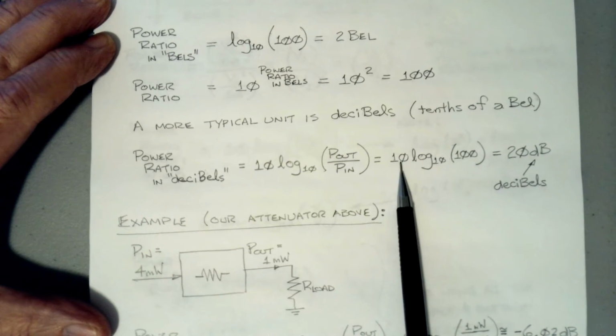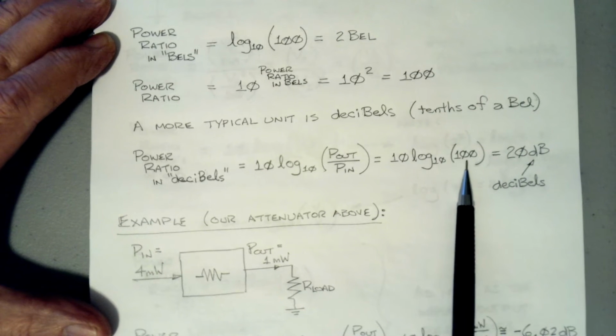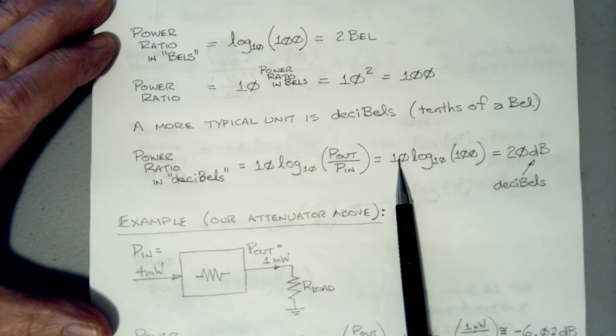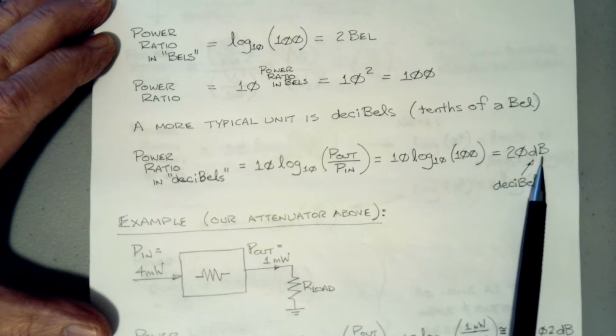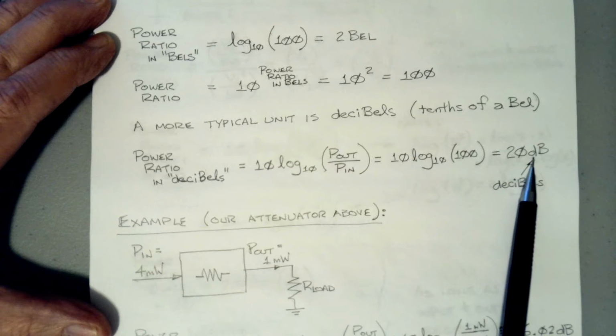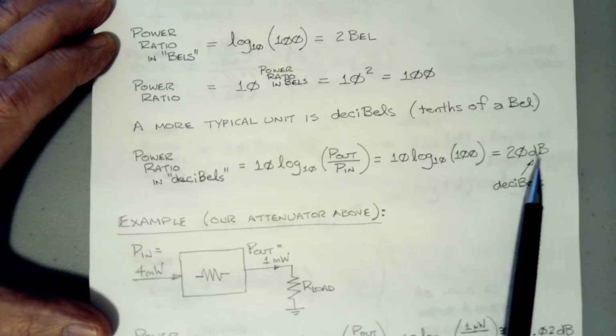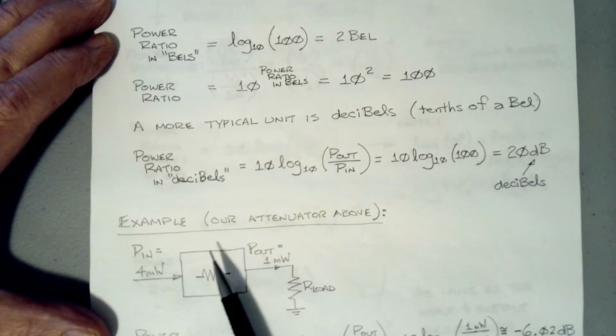We get 10 times the log to the base 10 of 100. The log is 2, but multiplied by 10, you get 20 decibels, and the unit abbreviation for that is lowercase d, uppercase B. That's decibels.